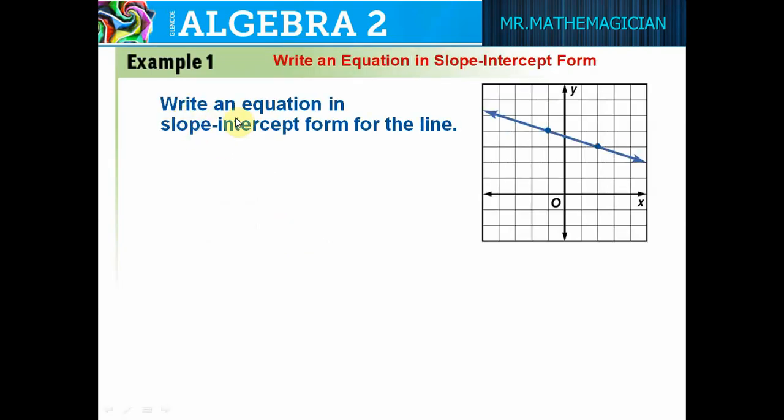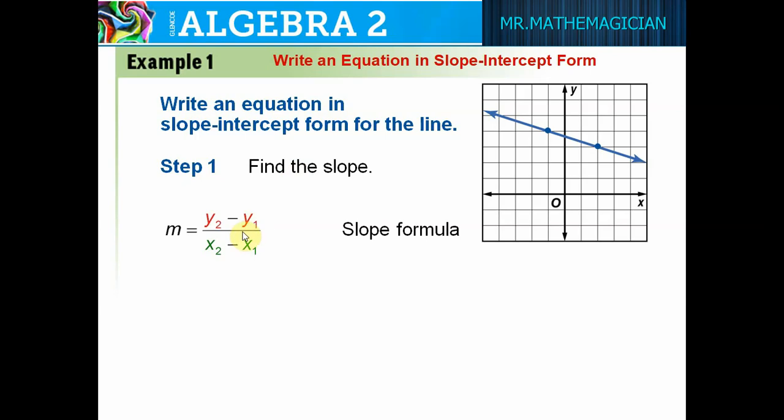Example 1. Write an equation in slope-intercept form for this line. So step number 1, let's find the slope, which is y2 minus y1 over x2 minus x1.